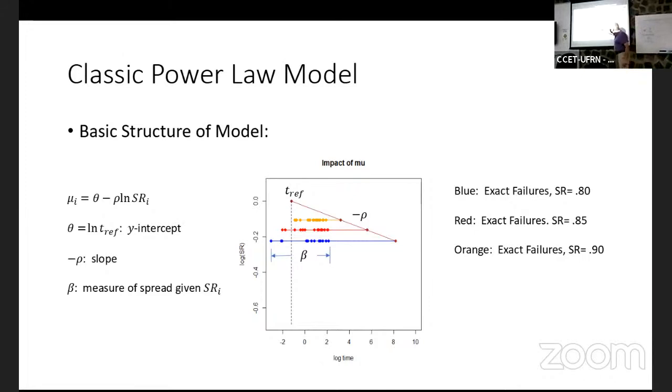And beta is just the variability given the location. This is a log location scale family distribution. It's not a true location scale distribution, it's a log location scale, but it's all the same.